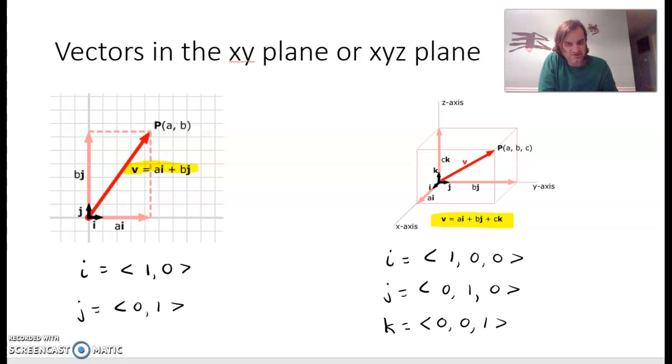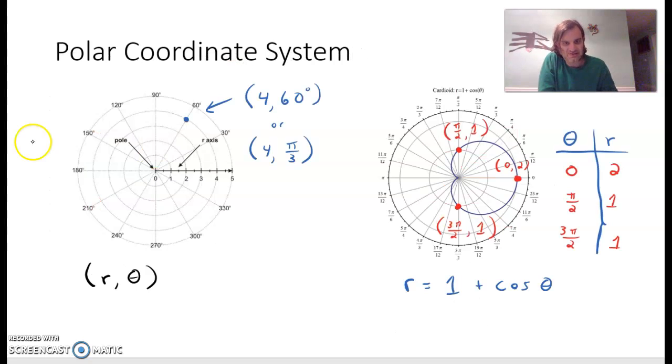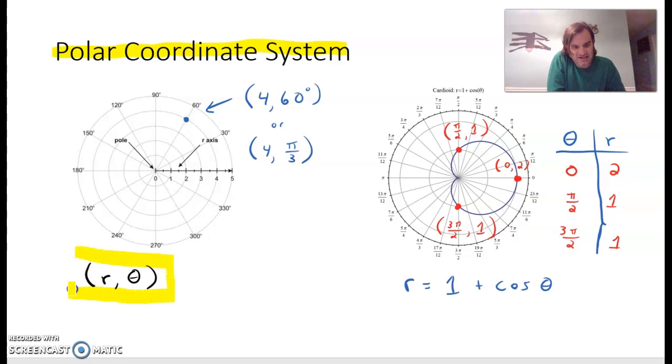But what we want to focus on here is writing them in the polar coordinate system. So first let's go back to the polar coordinate system. Remember that polar is a completely different graph. It may look the same as something, but the graphing system is different, and it's based off of a radius and an angle.